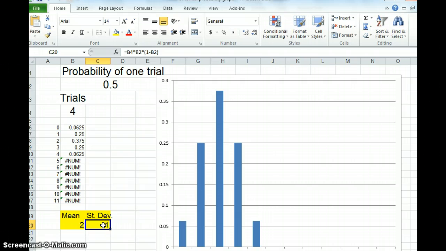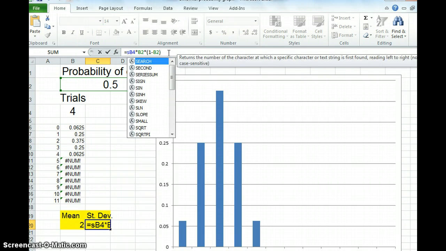I've actually made a mistake in my formula up here, but I've luckily got the right answer. My formula, if you look at it, B4 times B2, 1 minus B2, is actually the formula for variance. To find the standard deviation, I have to take the square root.